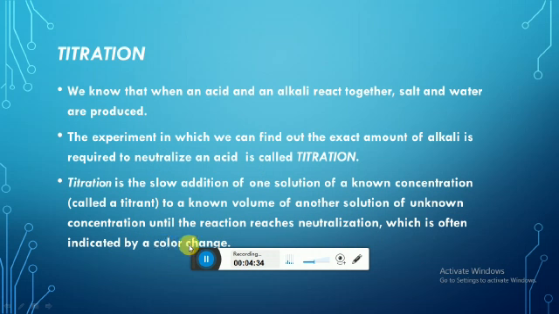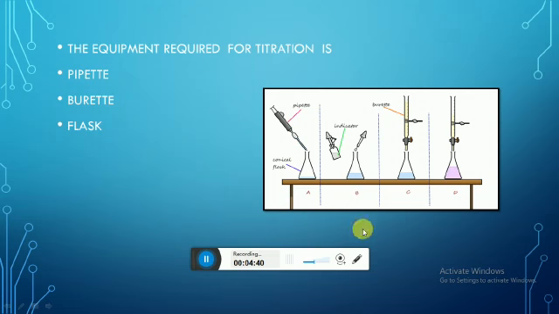In titration, there are 3 major pieces of equipment required. Number 1, pipette. Number 2, burette. Number 3, flask. So look at the figure.